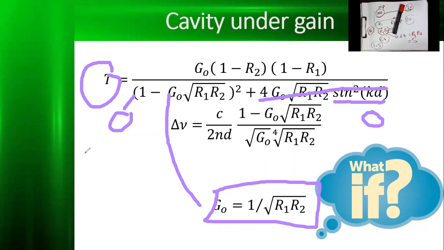Because if you remember, transmission equals the output intensity over the input intensity. So in order to have an infinite transmission, that means either the output is infinity, which is unrealistic because we don't have infinity, or the input is 0, which is what we can call an oscillator: to have an output without having an input.